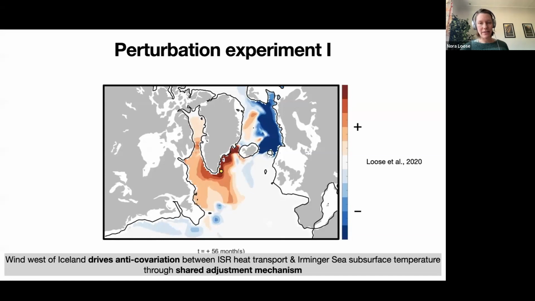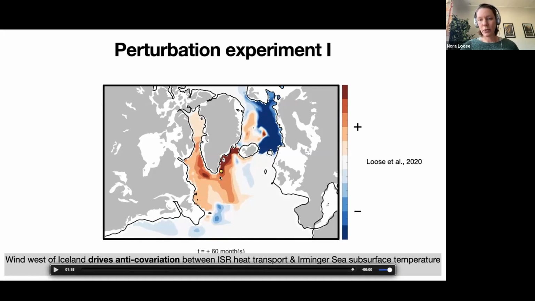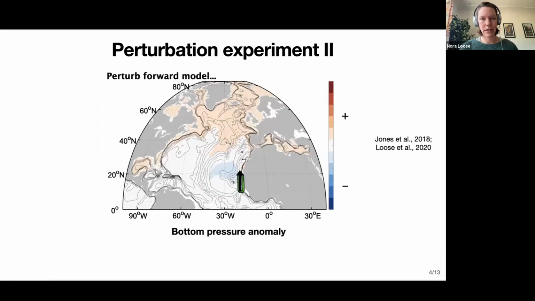So to summarize, wind west of Iceland drives an anti-covariation between Iceland-Scotland ridge heat transport and Irminger Sea subsurface temperature due to a shared adjustment mechanism. And we'll come back to this later, but let me show you experiment number 2 first.